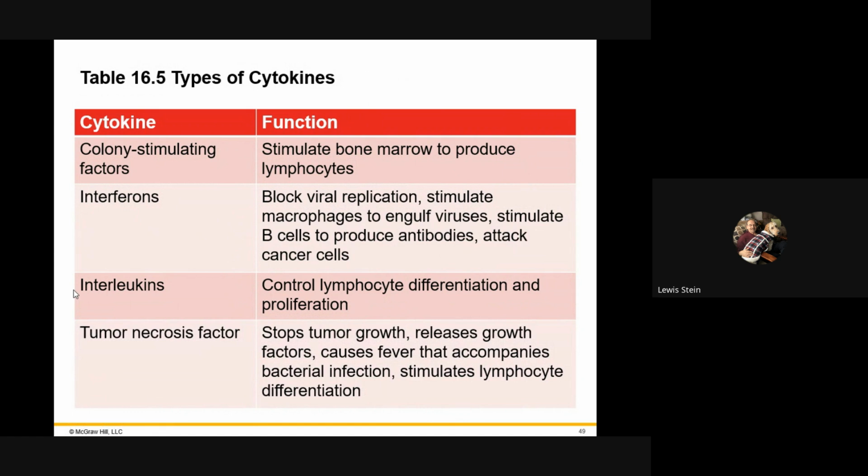Interleukins, you're going to see, and I'll go over this with a different PowerPoint, are going to be named ILs. Truly the most important of these is IL-2. IL-2 is the one that's made by helper T cells, and that's the one that reinforces all parts.